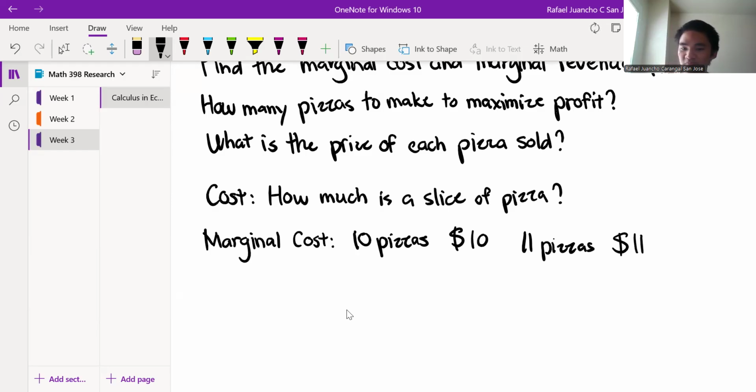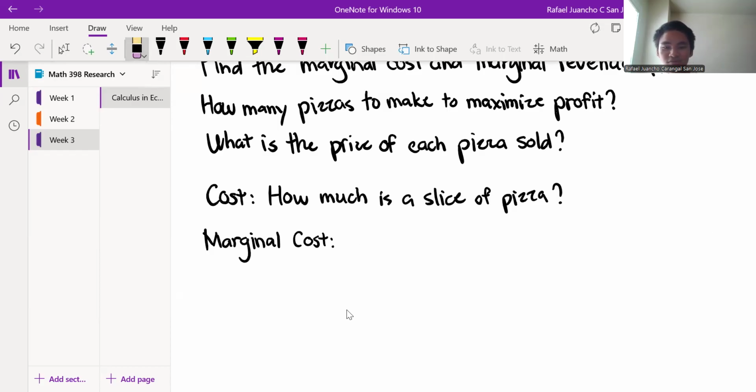So what's the marginal price? Well, it's 11 minus 10, which is $1. So it's that tiny, tiny cost that changed, right?